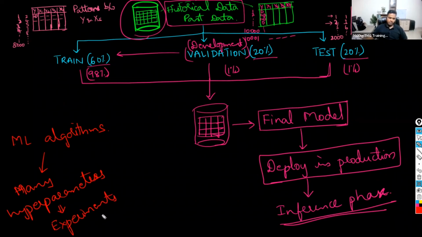If you're going to end up doing a lot of experiments, then you should split your data set into training, validation, and test.